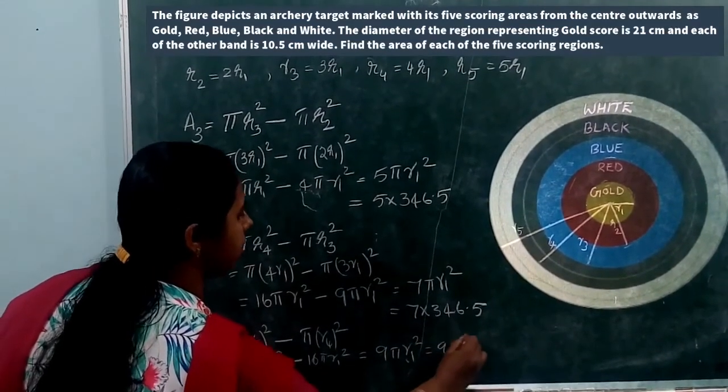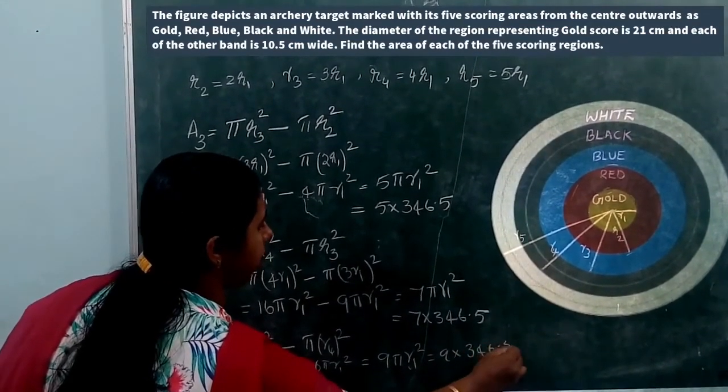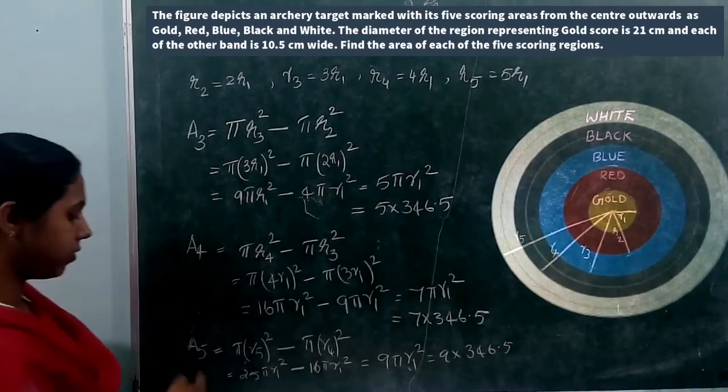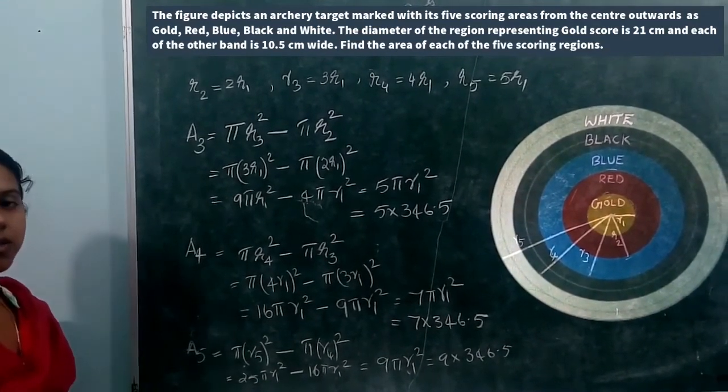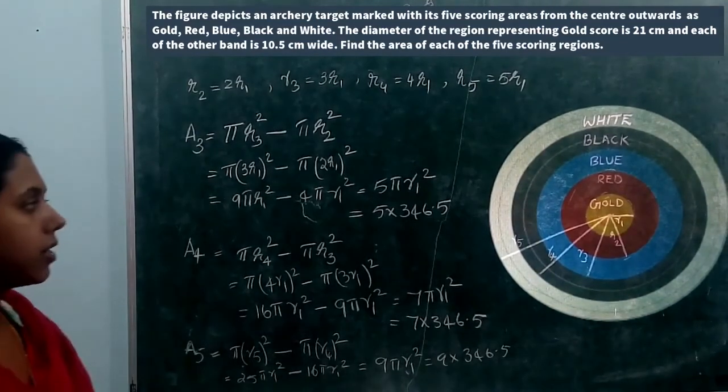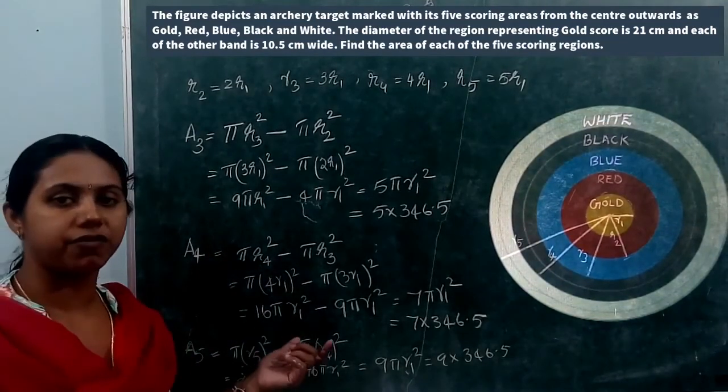So 9 into 346.5. When you multiply this, you will get the area of the fifth region. So I hope that you understand this. If you do this way, the calculation will be little more easy.